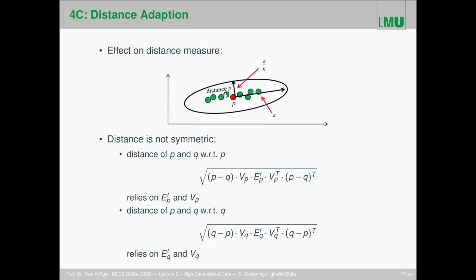So the effect is similar to PreDeCon. Now we do not have these axis parallel ellipsoids, but non-axis parallel ellipsoids. In the direction of high variance we have epsilon. So the epsilon neighborhood is now only in those directions with the strong eigenvalues, and in the direction of the weak eigenvalues we have epsilon times kappa.